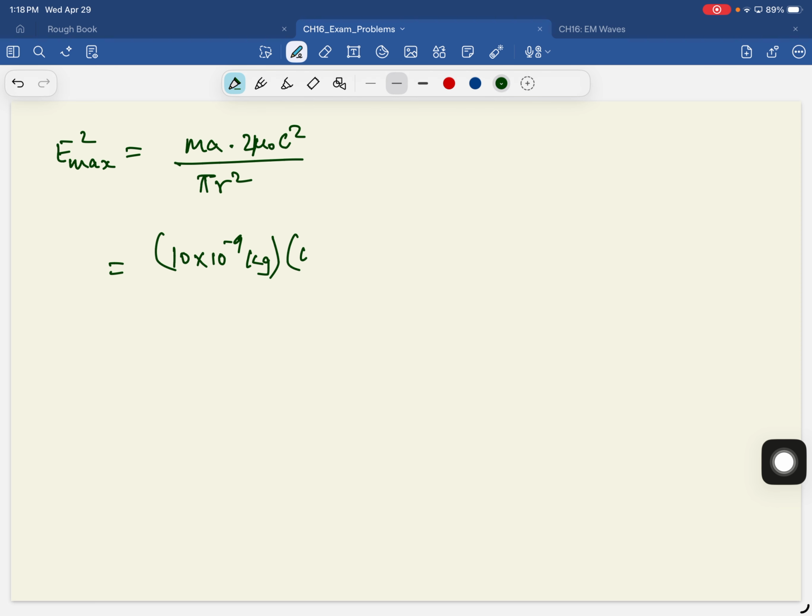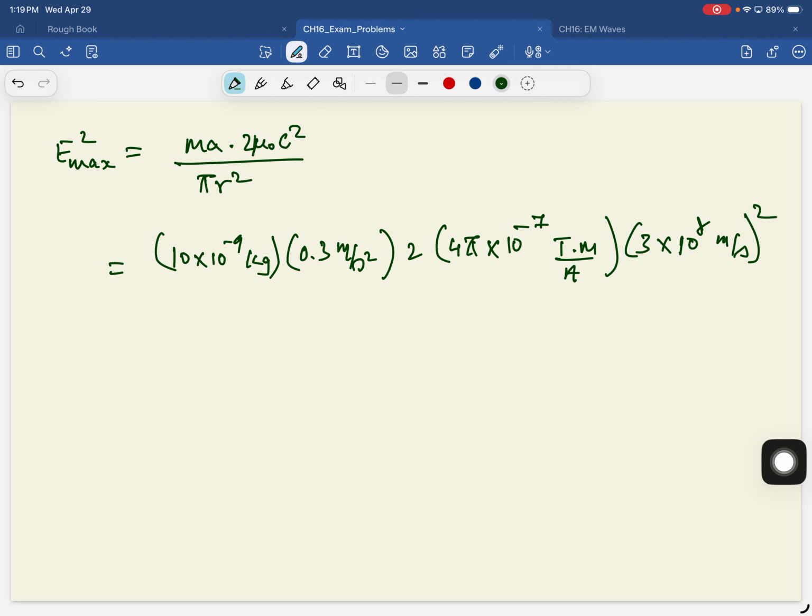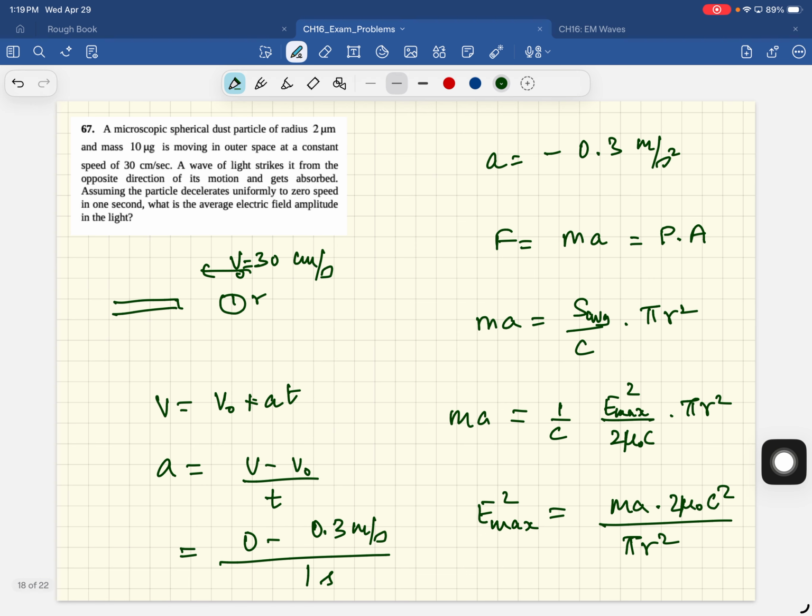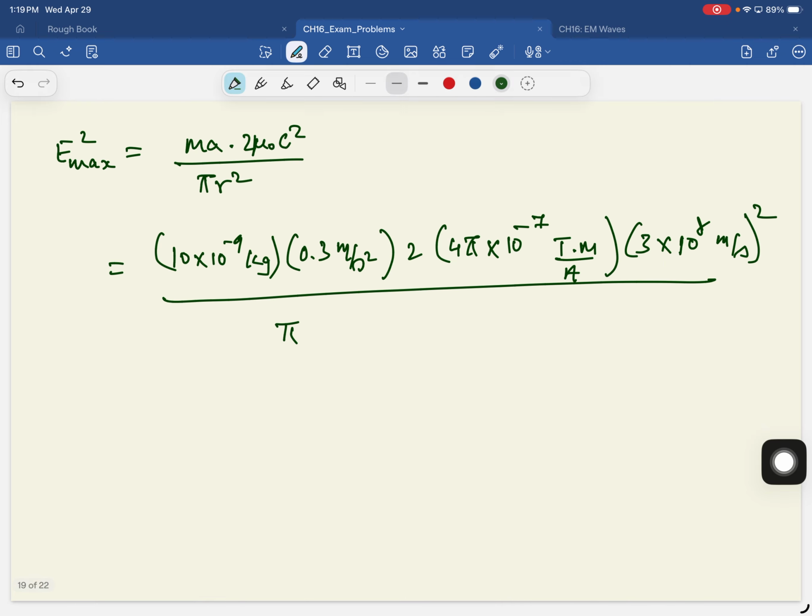The acceleration is 0.3 meters per second squared. 2 mu naught is 4 pi times 10 to the minus 7 Tesla meter per amp. C, the speed of light, is 3 times 10 to the 8 meters per second, and we're squaring that. And pi, and the radius of the particle is 2 micrometers. It's 2 times 10 to the minus 6 meters, squared.